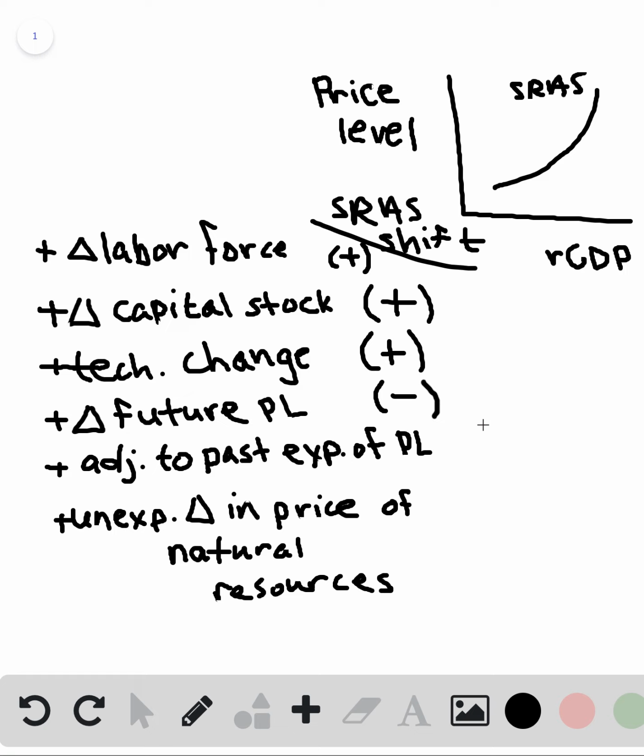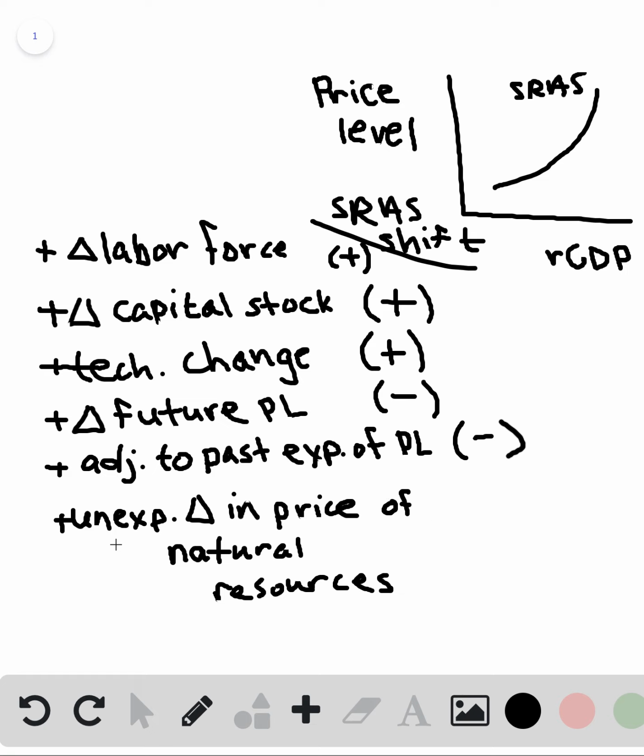But if there's a positive adjustment, which means that in the past we thought the price level would be a certain amount, but now it's actually higher than what we expected it to be, that will also shift the SRAS curve leftward, because now we are realizing the prices of our inputs are more expensive than what we thought they would be. On the other hand, if we expected prices to be really low, and they are, okay, you know what, this is good. That's sufficient for that level.